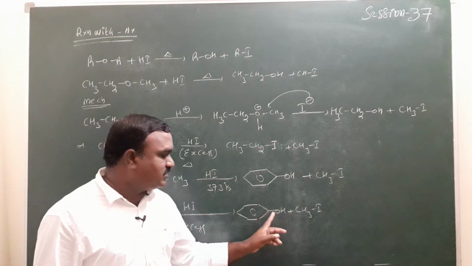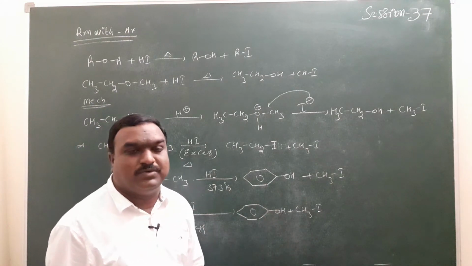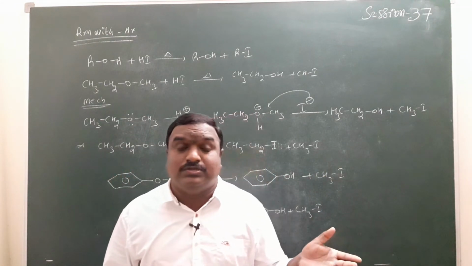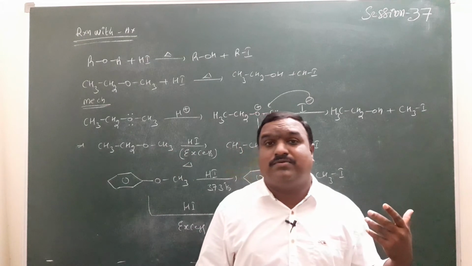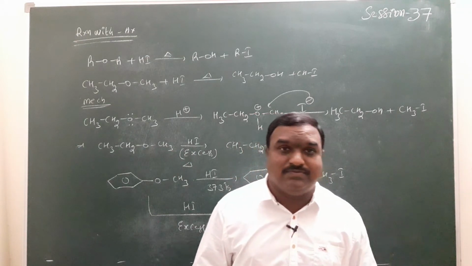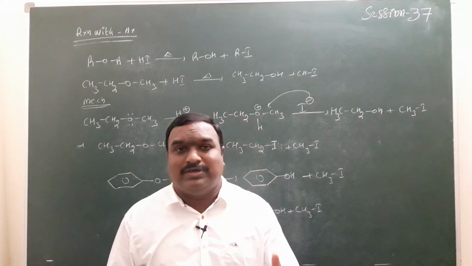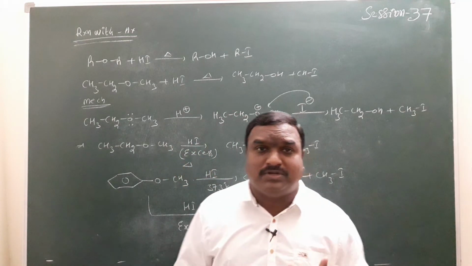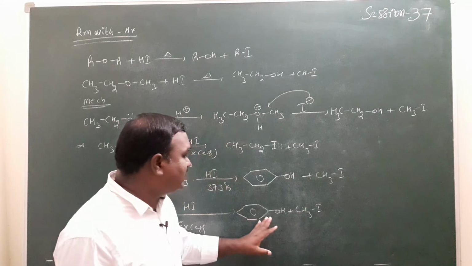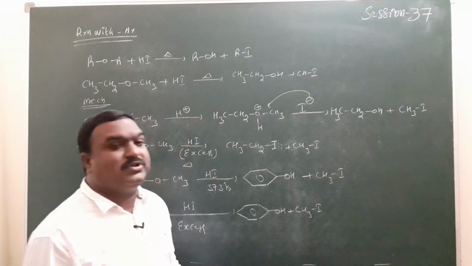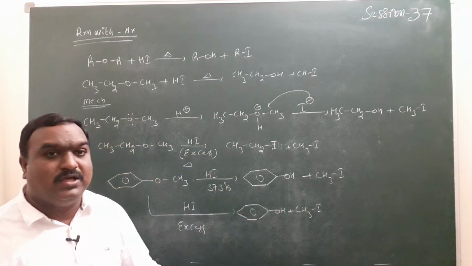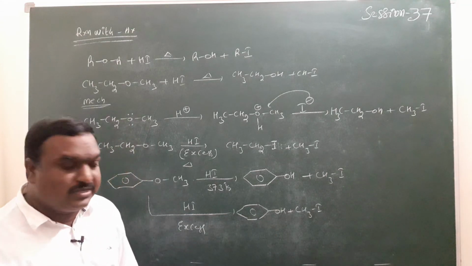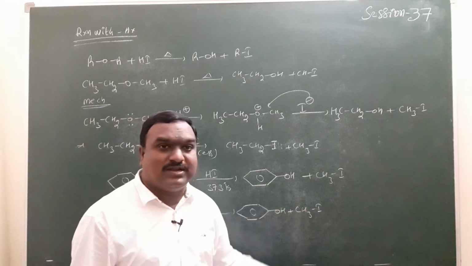Because the given system is a conjugated system, the single bond becomes a double bond, so there is no chance for nucleophilic substitution under normal conditions. So even if excess or one more HI is given, we have to stop the reaction at the stage of phenol and methyl iodide. If you want the nucleophilic substituted product, we have to apply other conditions.